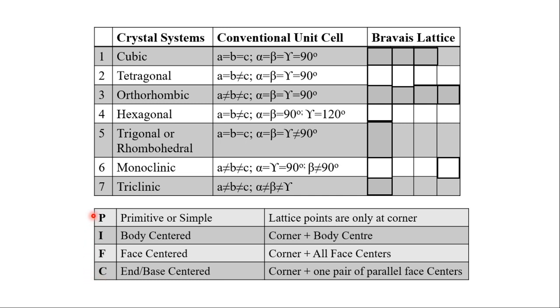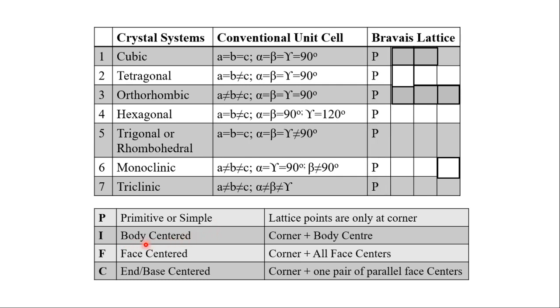You can also use capital A or capital B if end centers are marked on front and back or left and right faces respectively. Primitive type is present in all 7 crystal systems.